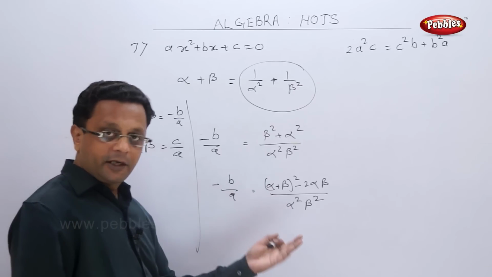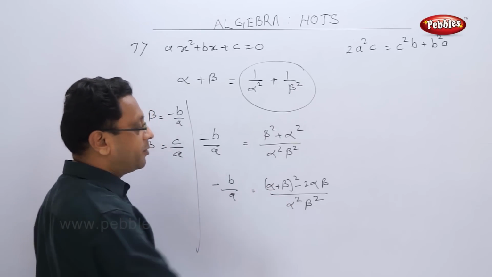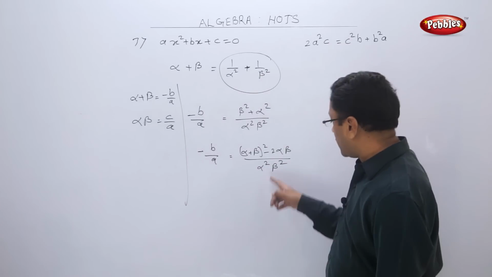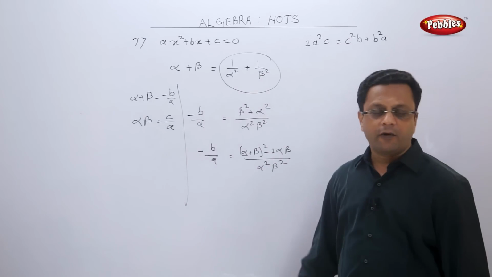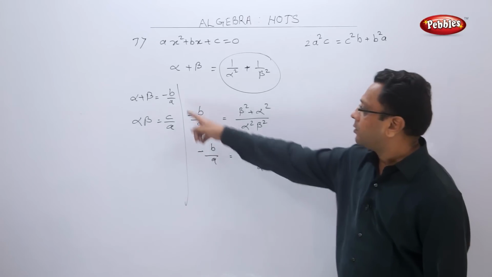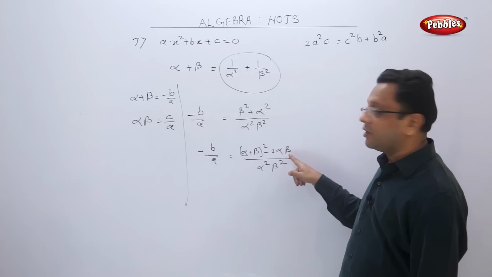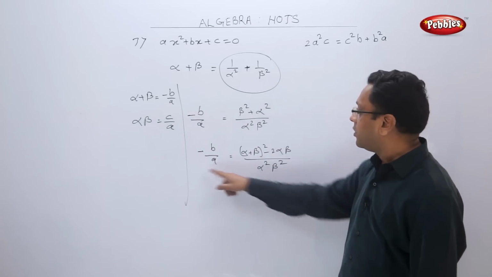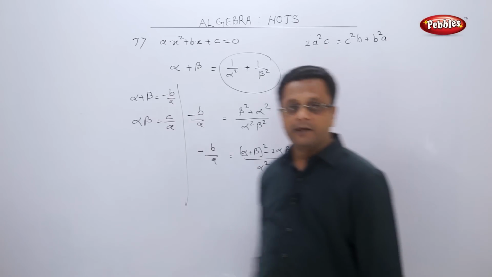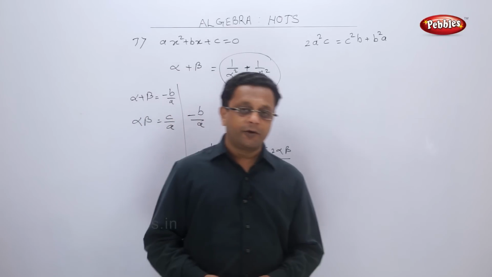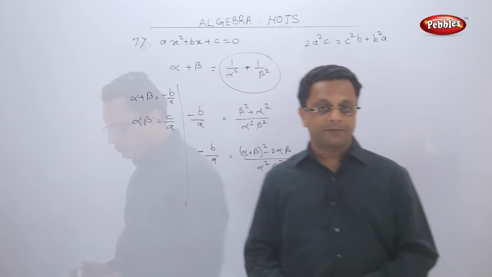Now on the right hand side also, you know alpha plus beta, and you also know alpha beta, so the square of alpha beta. Substitute minus b upon a here, c upon a will come here and c² upon a² will be here. When you solve this, you will get this. As simple. Now please pause your video here and solve this example.